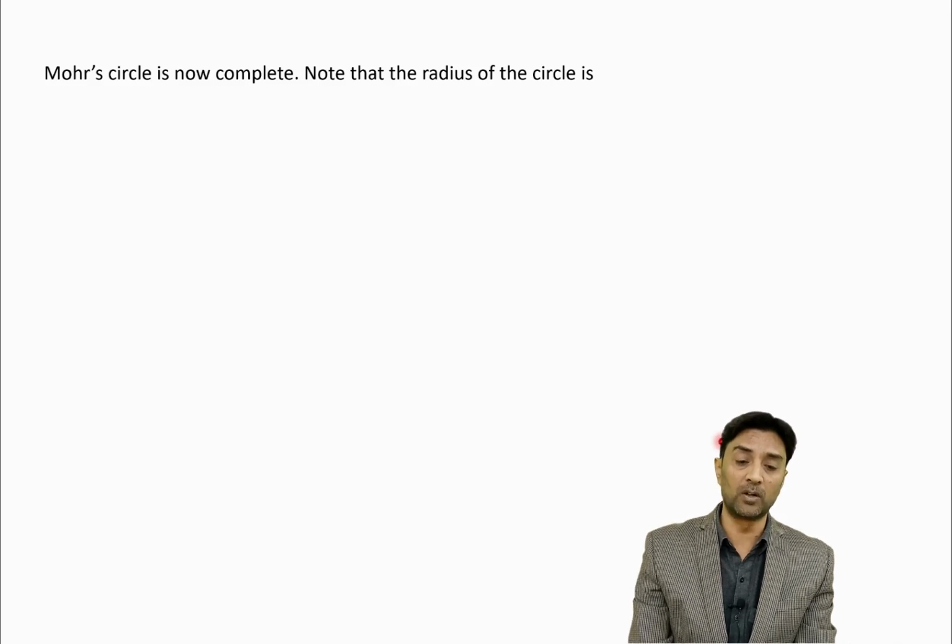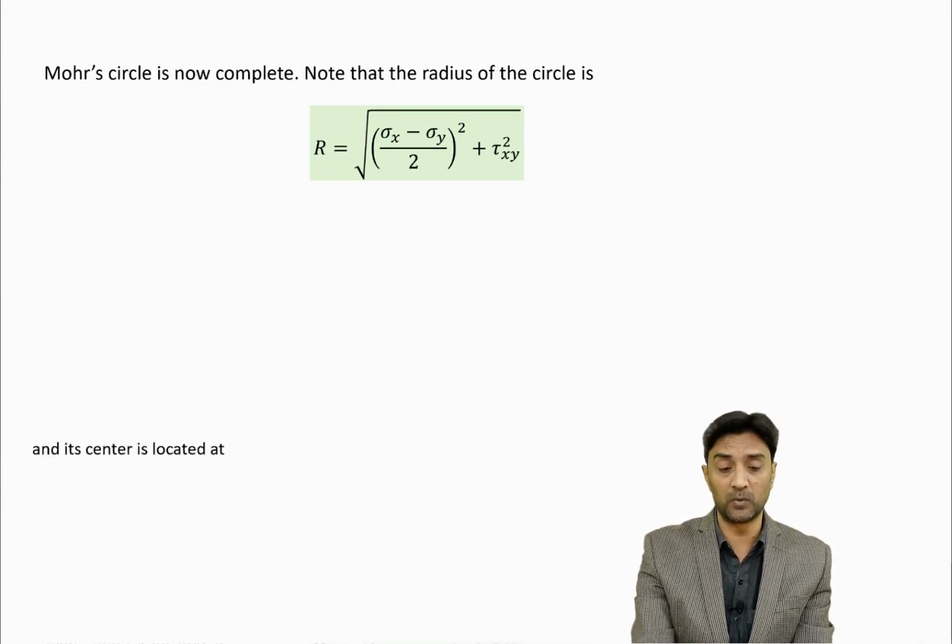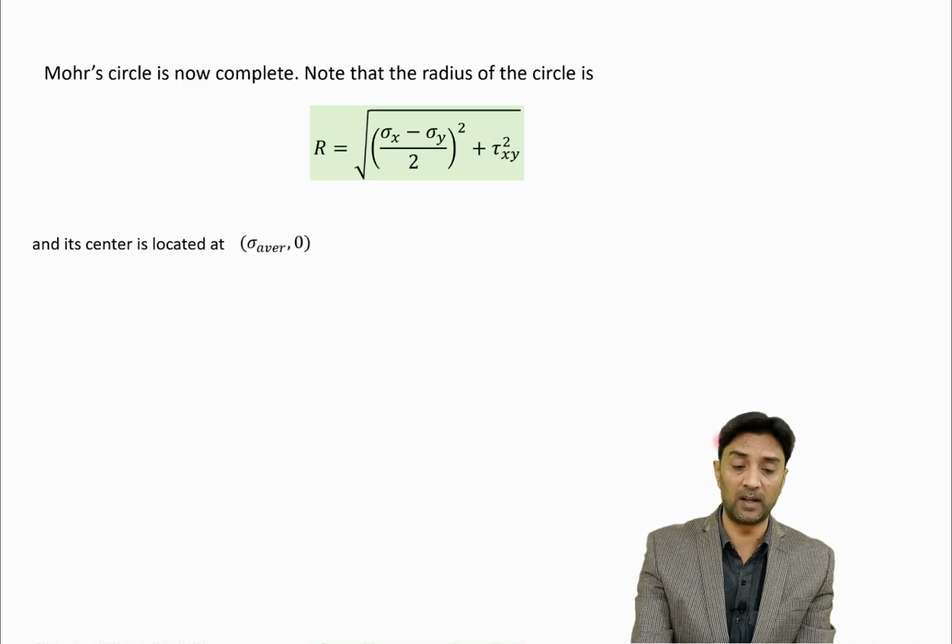So the Mohr circle is now complete. Note that the radius of the circle is this thing. You can find the radius of the circle from this equation, and its center is located at sigma average, 0, where sigma average is equal to sigma x plus sigma y divided by 2.